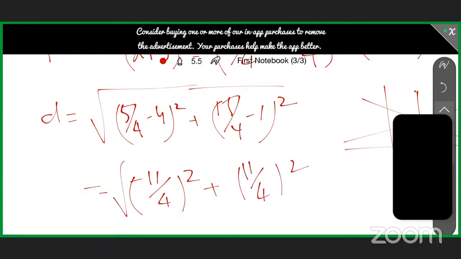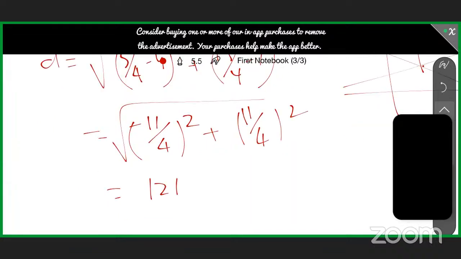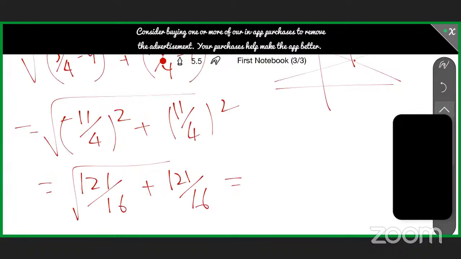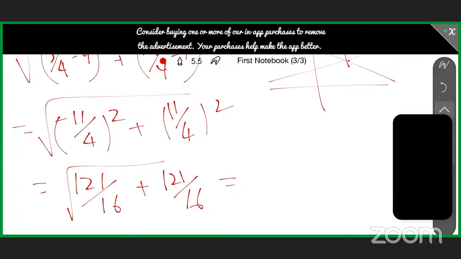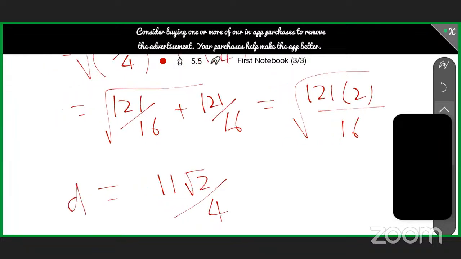So the square root is there. We simplify this: it will become 121 by 16 plus 121 by 16, which is 121 into 2 by 16. Taking the square root, it will be 11 root 2 by 4. So my distance is 11 root 2 by 4.